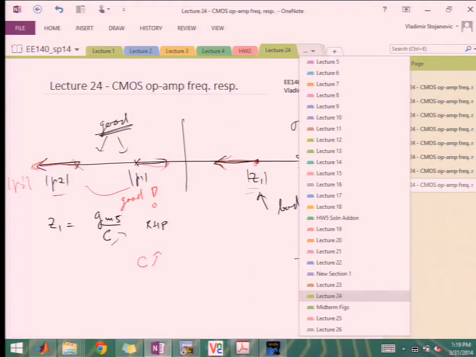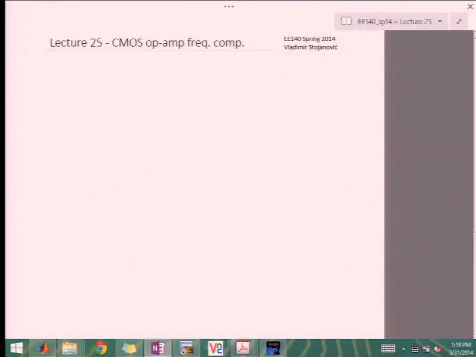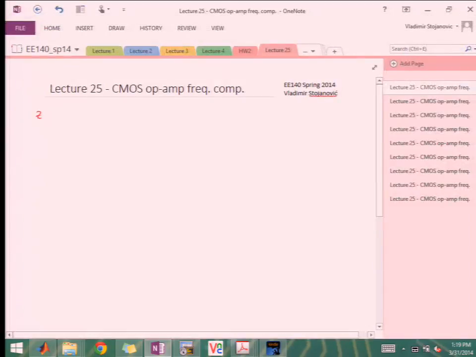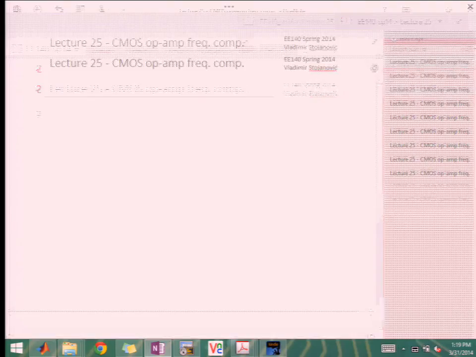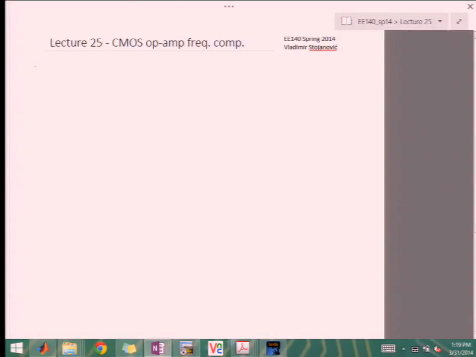in the next lecture. So we have this zero, which is GM5 over C. We have the pole, let's say pole P1 is 1 over R1C times GM5 R2.